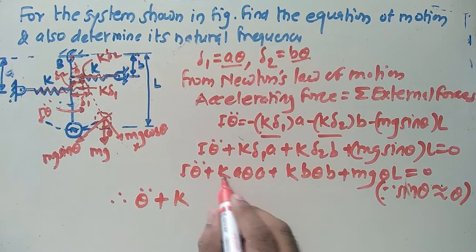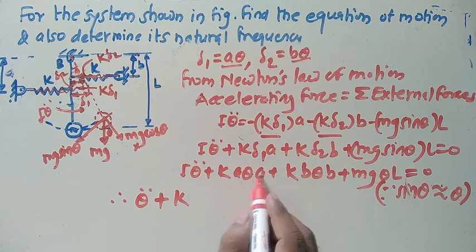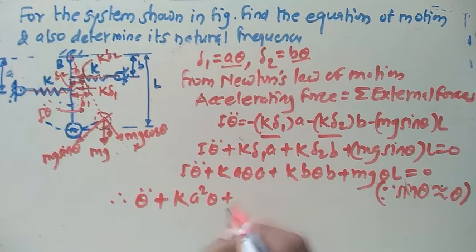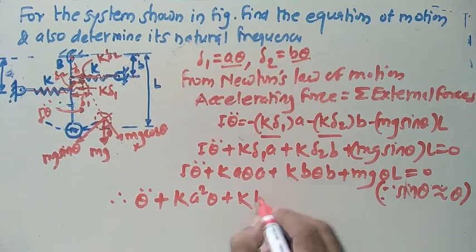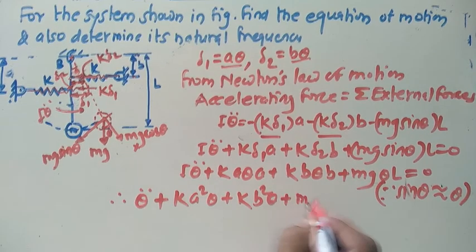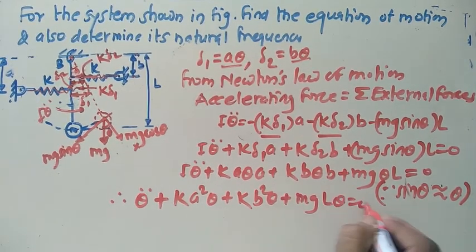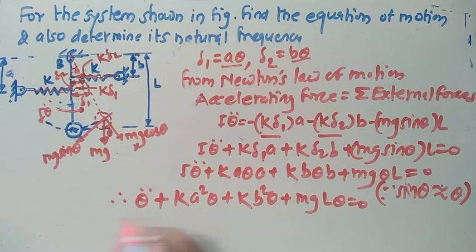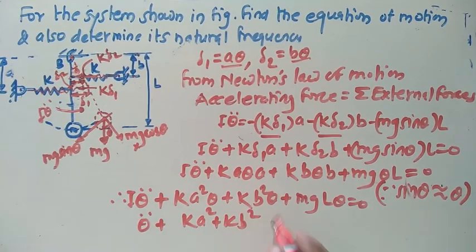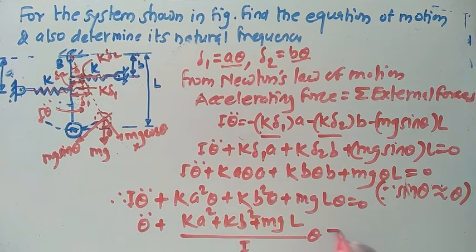So k a square into theta plus k b square into theta plus mg L into theta equals to 0. Since I is here, I'll write this equation in this way: (ka square plus kb square plus mgL) divided by I, into theta, equals to 0.